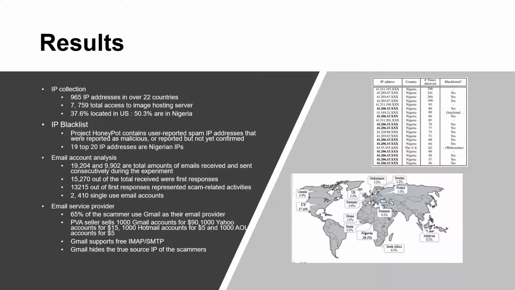As you can see from the top 20 list, all but one of the IPs are from Nigeria, and the lone US IP was later identified to be a crawler.